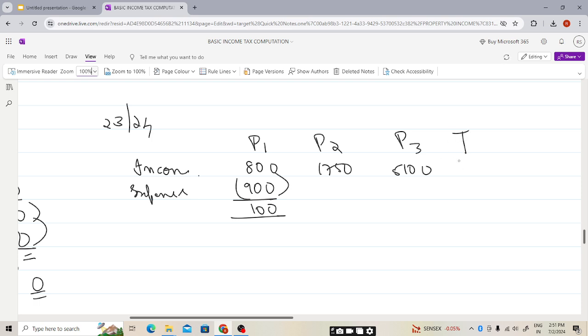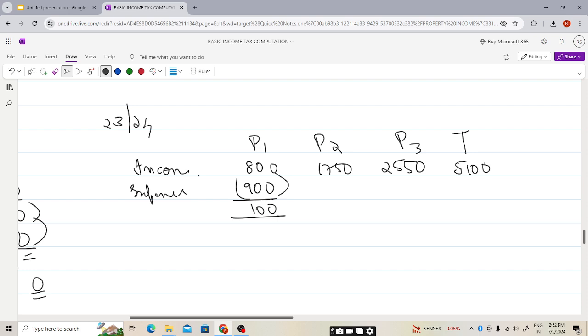So total income will be, sorry, my bad. Here the amount was 2550. So the aggregate value will be 5100. Here property 2 has expenses of 950.